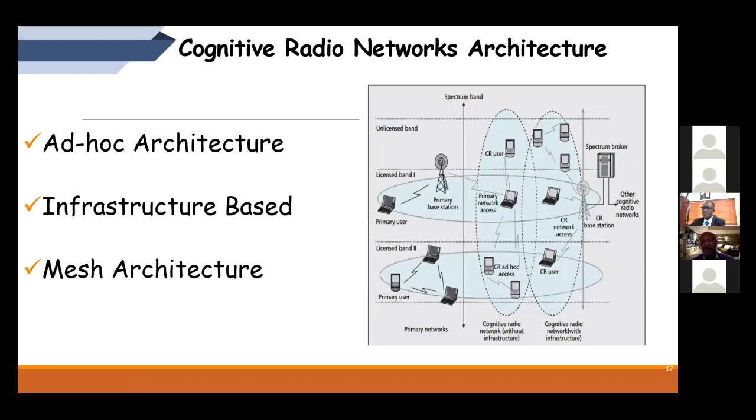Now, on the other side, with a cognitive radio that is depending solely on the spectrum that the primary user is not using, it's also a very large network that is divided into two: you have the infrastructure part and the non-infrastructure part, in terms of the ad hoc architecture, where you have like your PC and you have some little bit of access into wireless, like a typical Wi-Fi network.